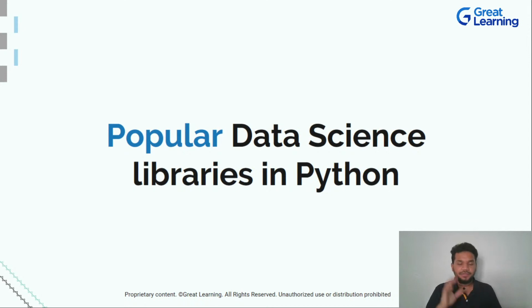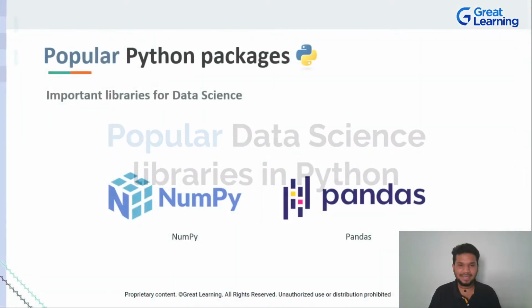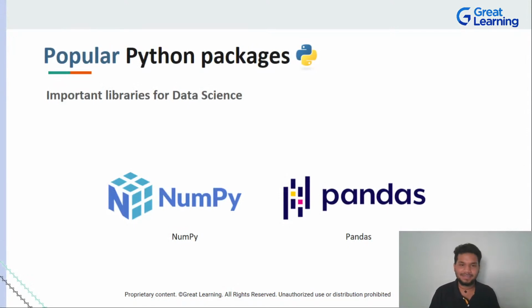Okay guys, now we definitely have to talk about some of the libraries in the Python programming language that ensure you can solve problems like this in the domain of data science. So let's quickly check out some of these packages. When you're looking at data science libraries, 2 important packages come into the picture: NumPy and pandas.